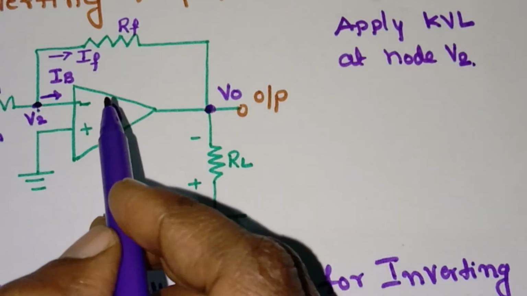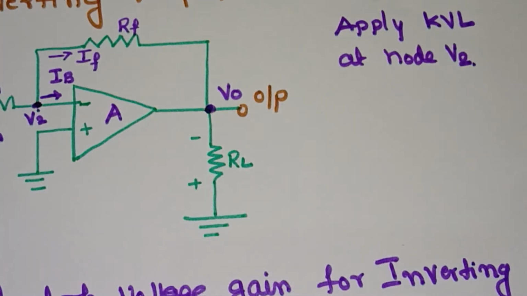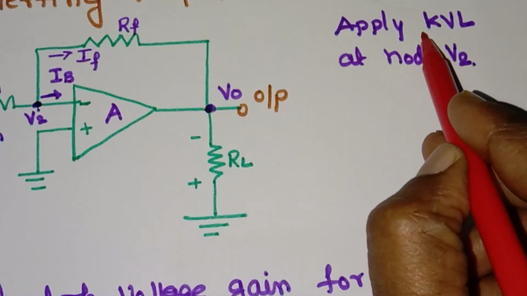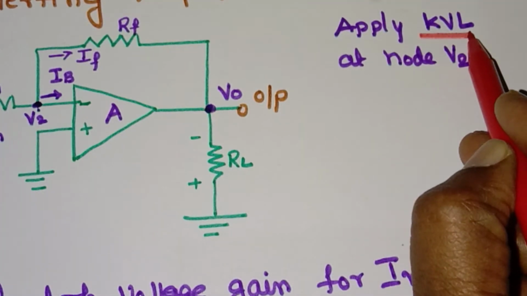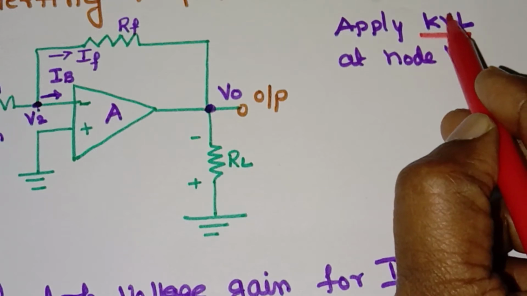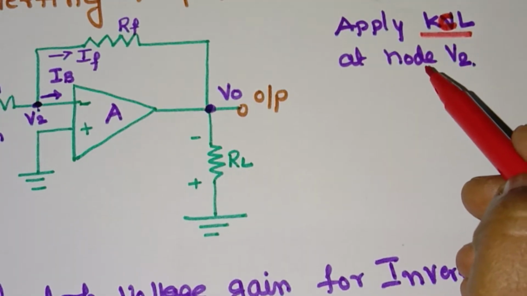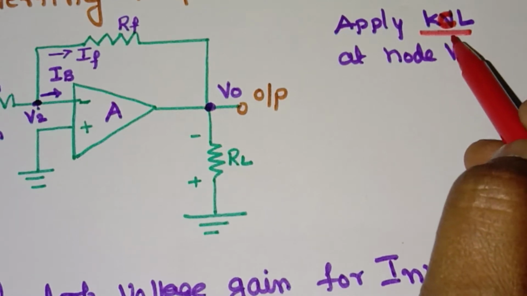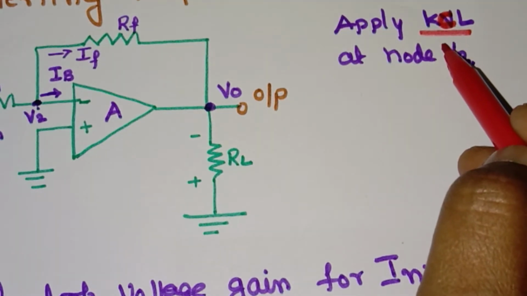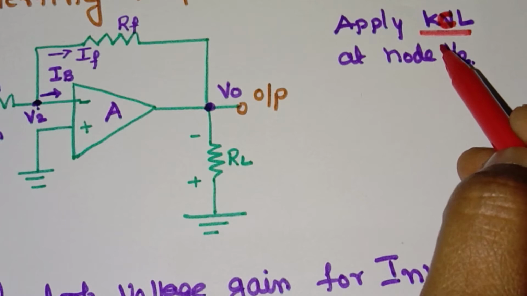What the KVL stands for? So simply, if I want to tell you, the KVL is nothing but what? KVL stands, we have to apply the KCL in the inverting amplifier, not the KVL. KCL is nothing but what? Incoming current is equal to outgoing currents. Okay.